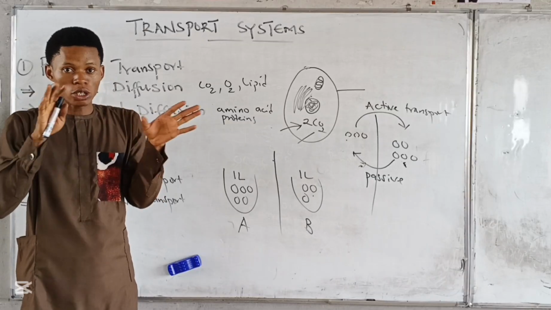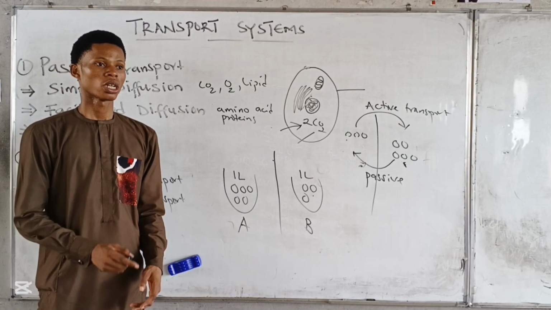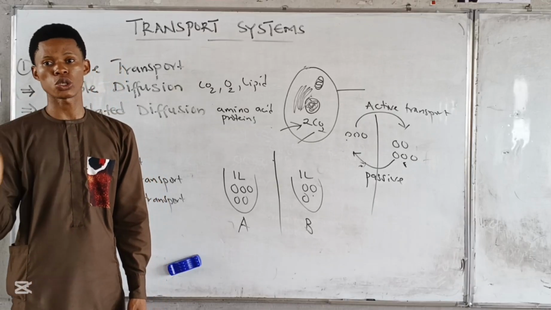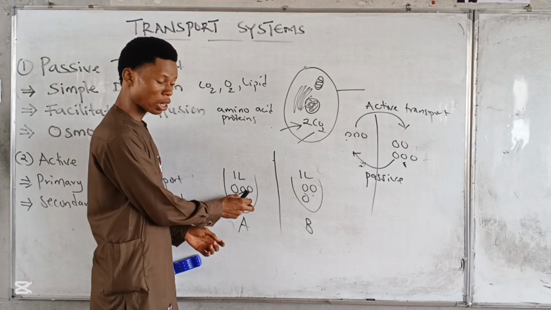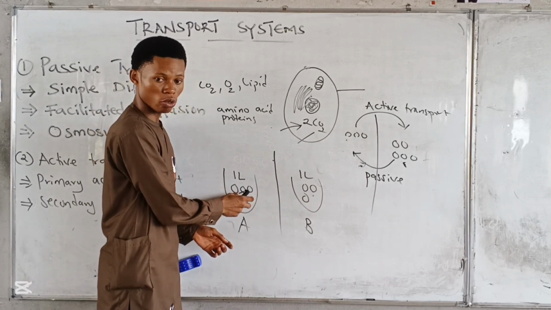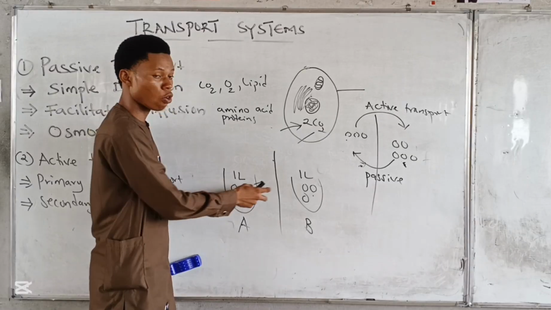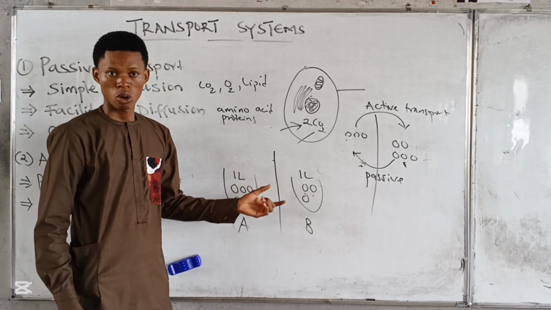Physically looking at it, there are 2 ways you can make the concentration equal. Just assume the sugar cannot dissolve, and you want to make the concentration here and here equal. What do you do? You take 1 cube of sugar from here and add it here, right? If you pick 1 cube of sugar from here and add it here, we'll now have 4 on both sides, right? So the concentration will be equal. What did we do?